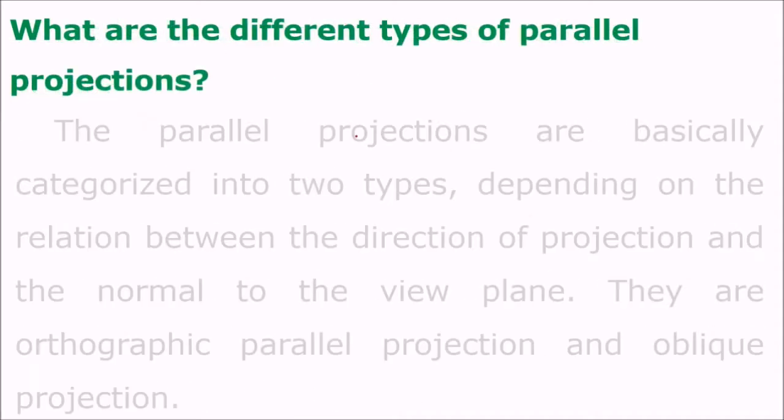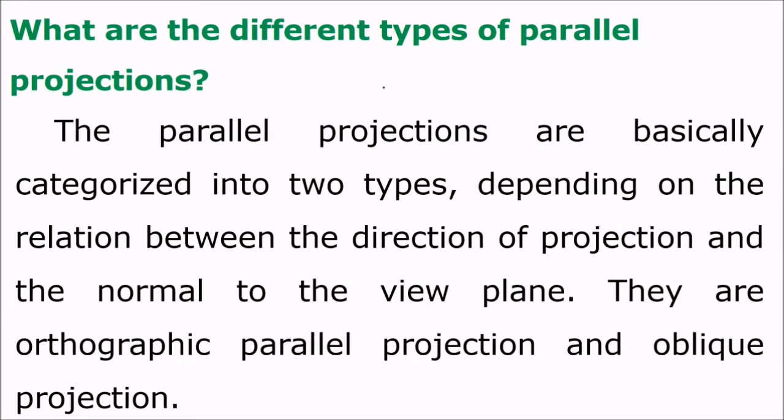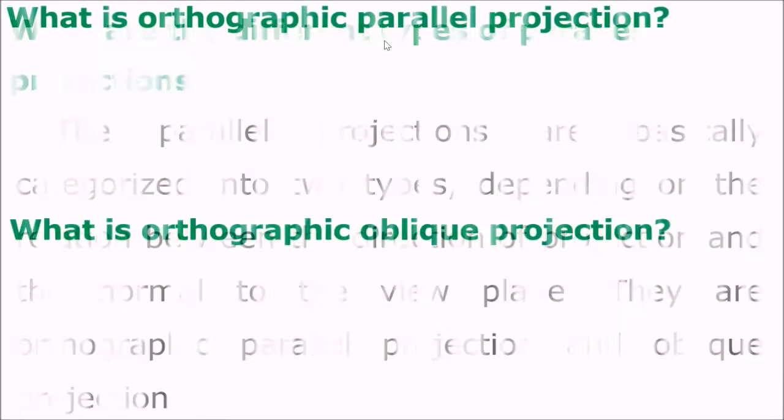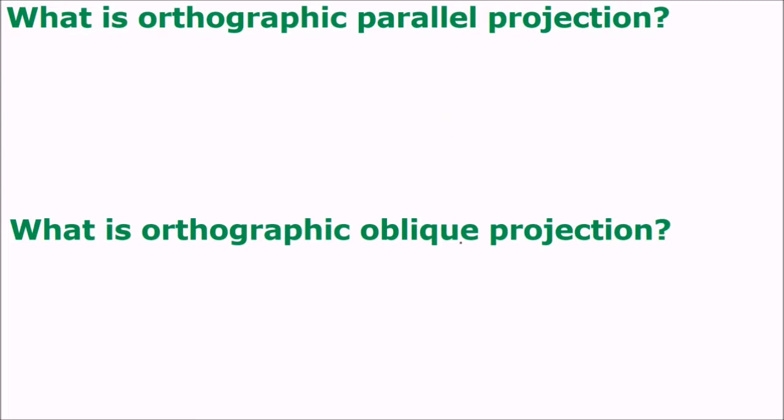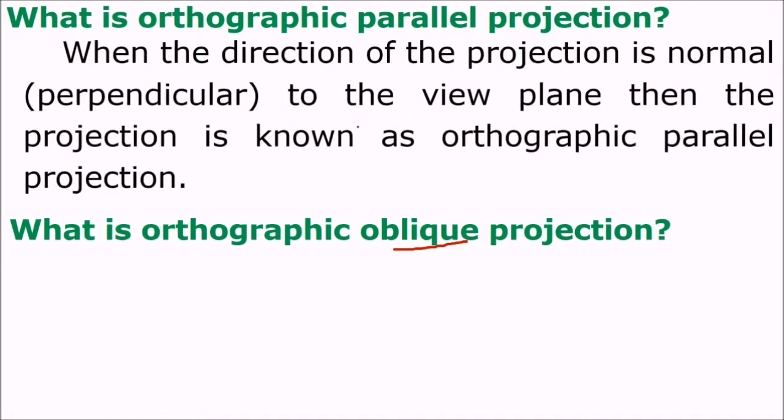What are the different types of parallel projections? The parallel projections are basically characterized into two types, depending on the relationship between the direction of projection and the normal to the view plane. They are orthographic parallel projection and oblique projection. What is orthographic parallel projection?